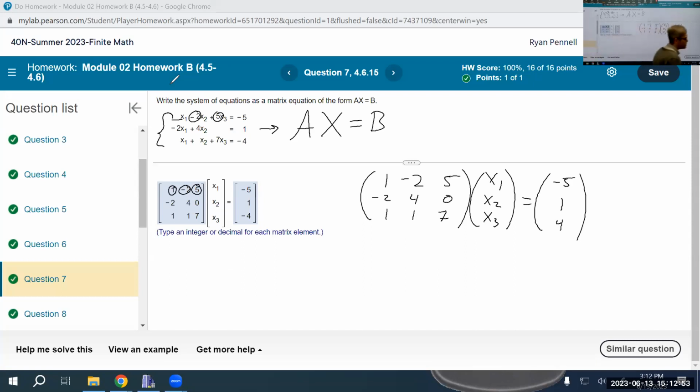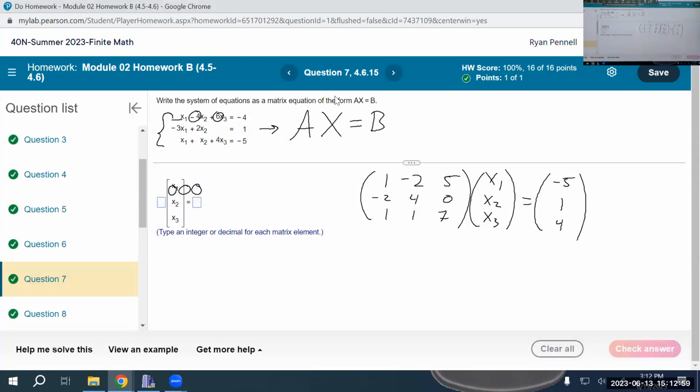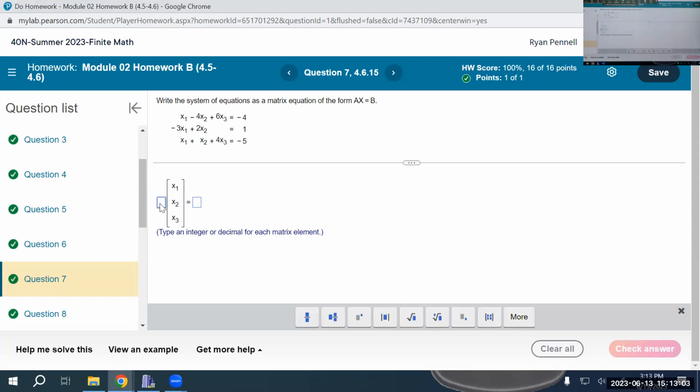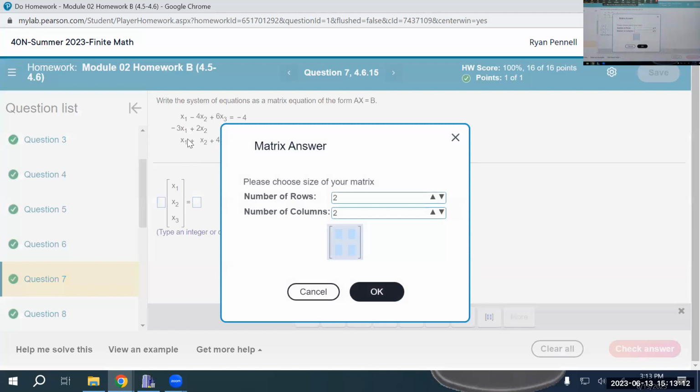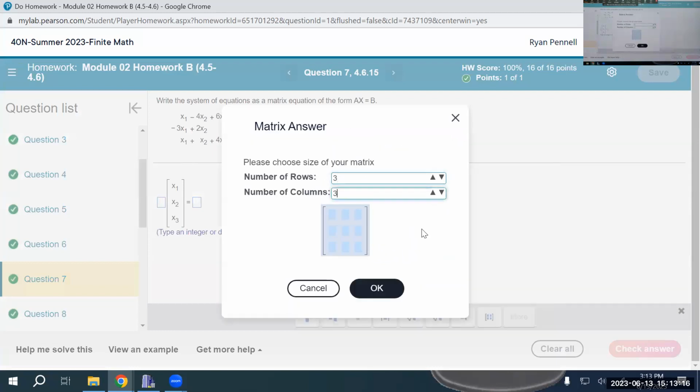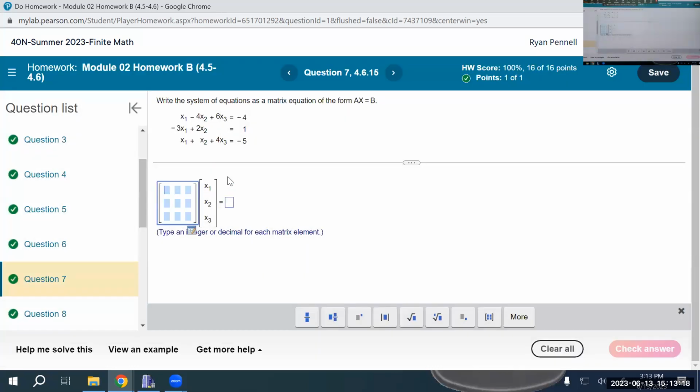Now, one thing that makes me nervous is I can't remember how I entered this thing. Let me check. Okay. It looks like I have to hit the matrix button again for this one. Let me do that really quick. I have to know what size matrix I want. Looks like I want a 3 by 3. Now I can just enter in my matrix here.